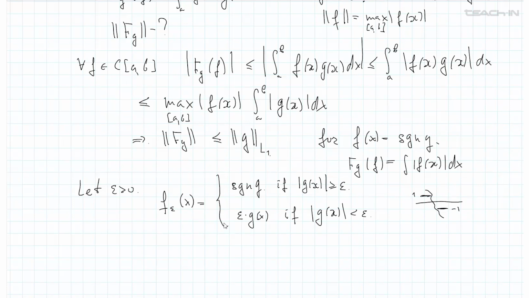And here, let this be plus epsilon and minus epsilon. I change function g to plus 1 and here minus 1, yes? Oh no, so it is not correct, because here I take epsilon and here I take away the epsilon.